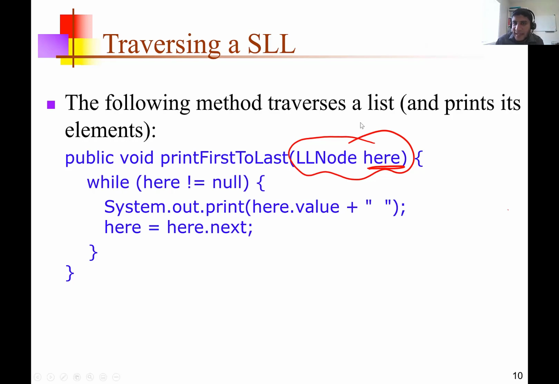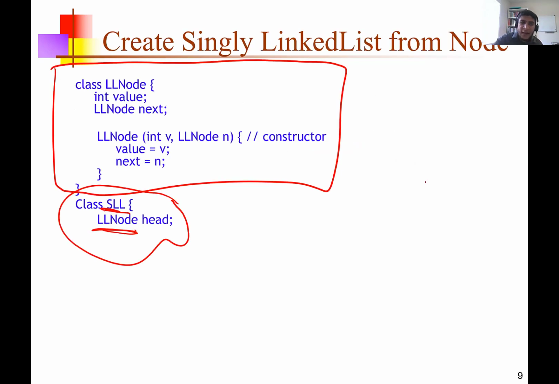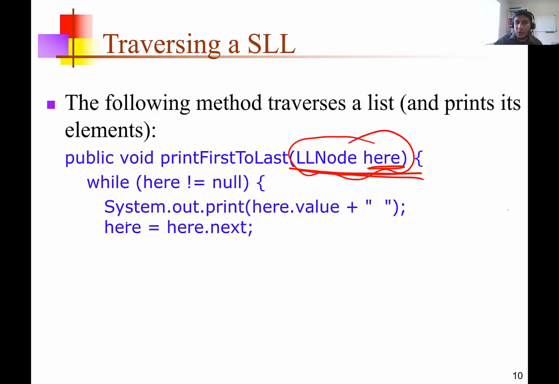Clearly, it's not inside SLL because I'm passing a certain reference, which I don't need if I was inside the SLL. I already have the head, which you can use. So clearly you don't do this.